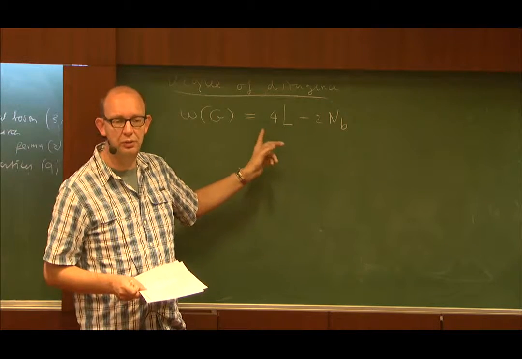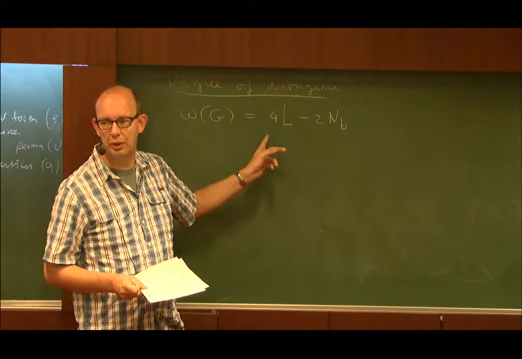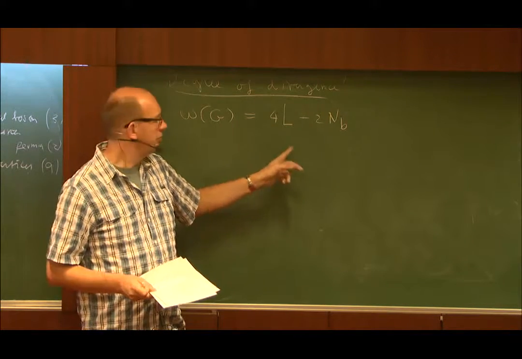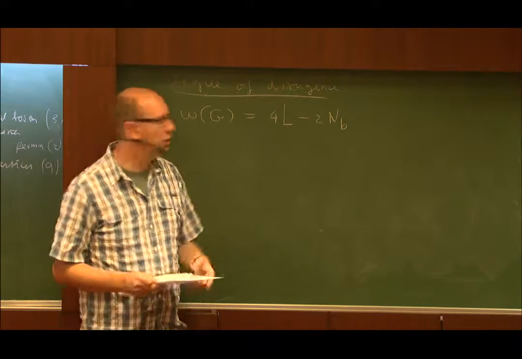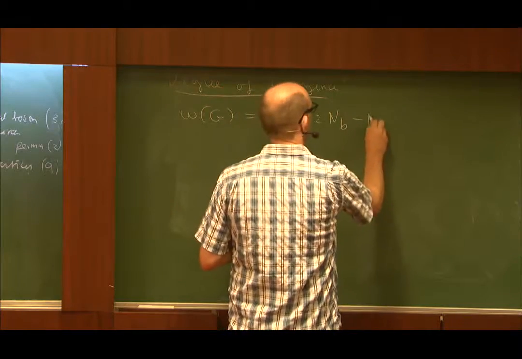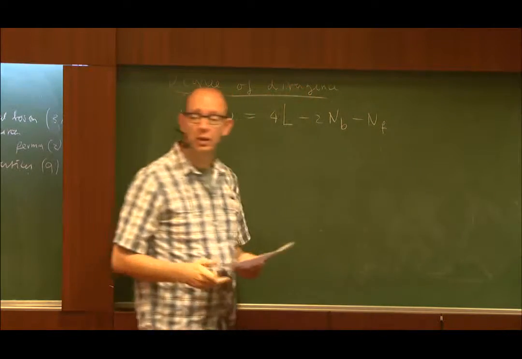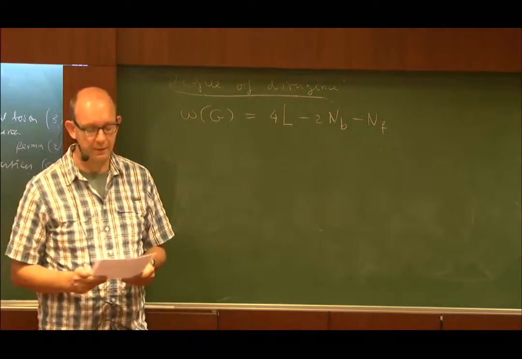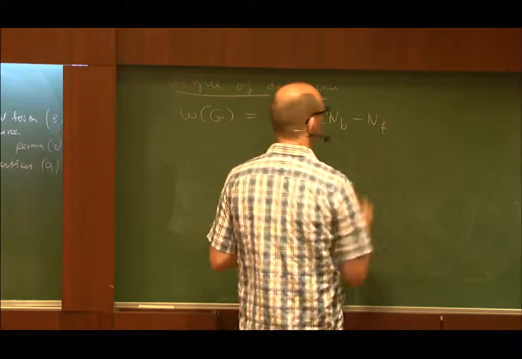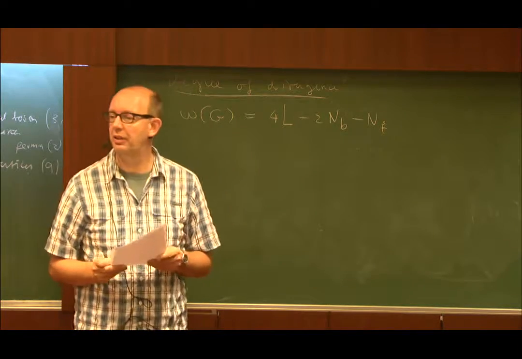You have 3 d4L1, d4L2, d4L3. And here you have for each internal boson line 2 powers down, is 1 over p squared. Minus a number of internal fermion lines, because they go like 1 over p slash. Right. And then there is still one more term. Who knows what it would be?